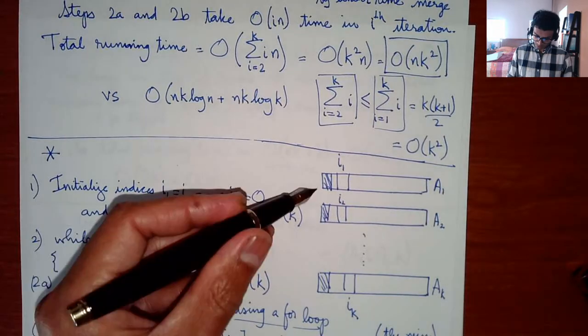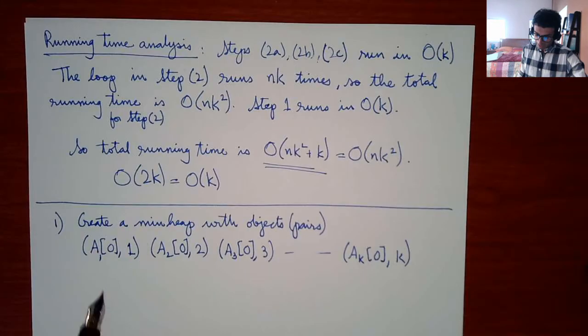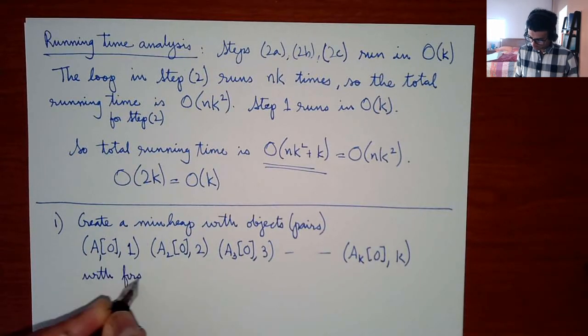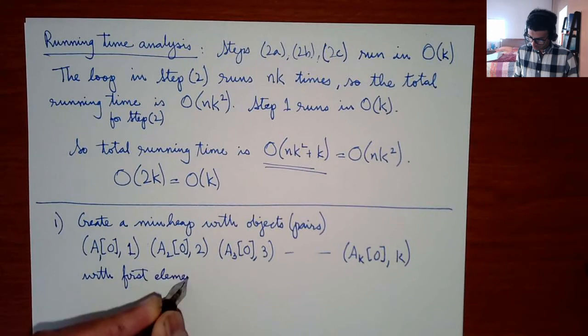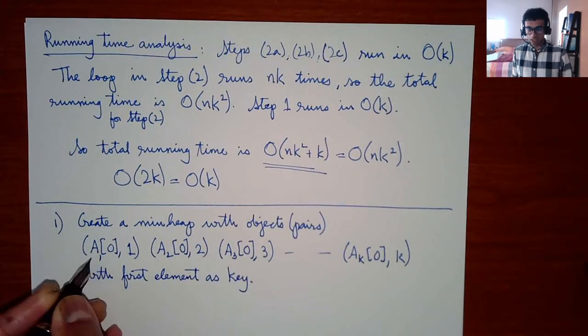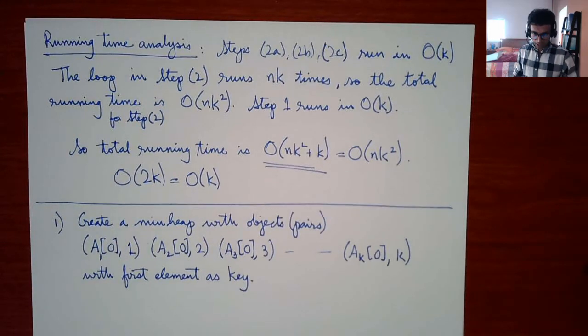This is from the first array, this is from the second array, so on and so forth. I'm going to tack that on with the first element as the key. So the key is actually the first part. Okay, so you create a min heap with these pairs.